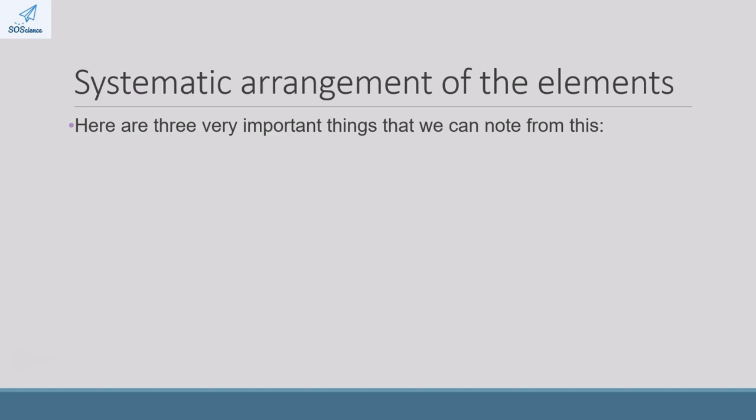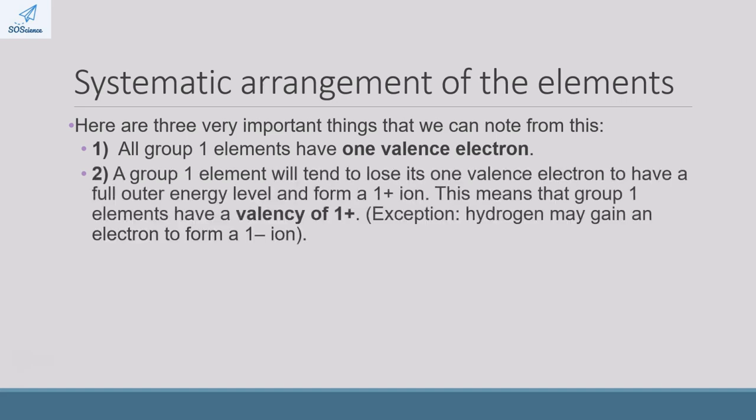So here are some very important things that we can note from what we've just learned about group 1 elements. Firstly, all group 1 elements have one valence electron. Secondly, group 1 elements tend to lose that one valence electron in order to have a full outer energy level. So group 1 elements make a 1 plus ion, Li plus, Na plus, K plus.